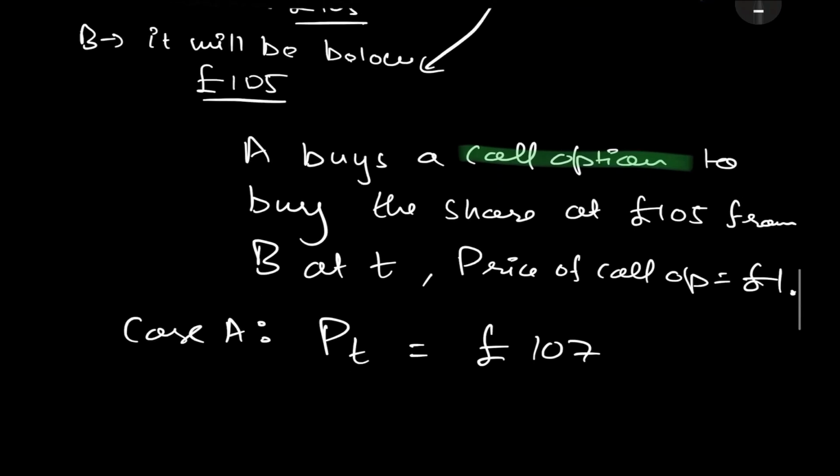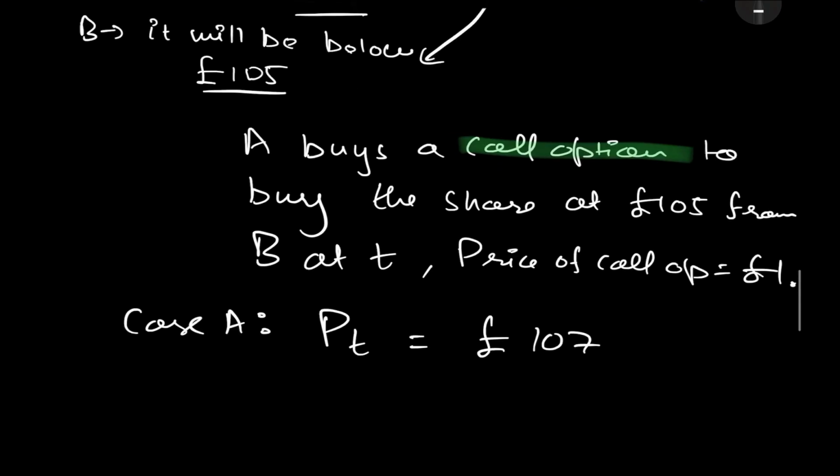Will he or she buy it or not? That's the question. The answer is yes, A will buy it. Why? Because the asset is worth 107 in the market, and A can buy it for 105 and immediately sell for 107 and make a profit of £2.